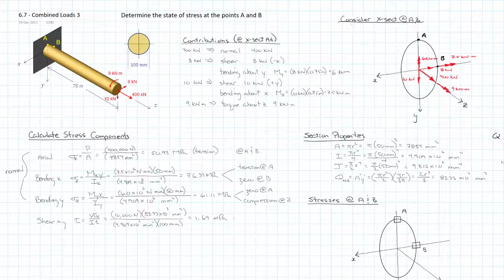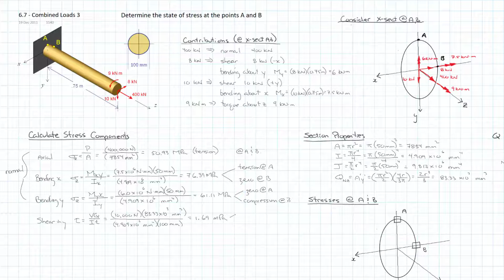So that's as a result of the 10 kilonewtons going down. So keep in mind that that's the bending about the x-axis. So the transverse shear stresses, remember, are maximum at the neutral axis, which is the x-axis in this case, and 0 at the extreme fibers.